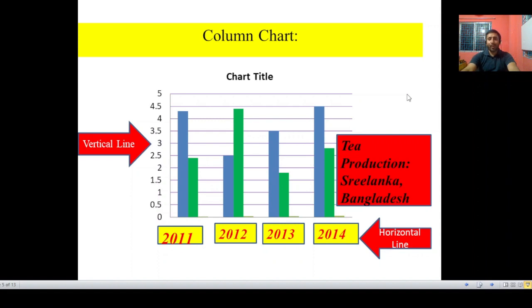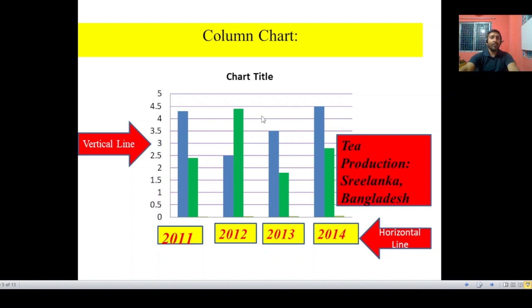The vertical line and the horizontal line, we can find two options here, and the information is shown here vertically, and horizontally we can see the year of the information.